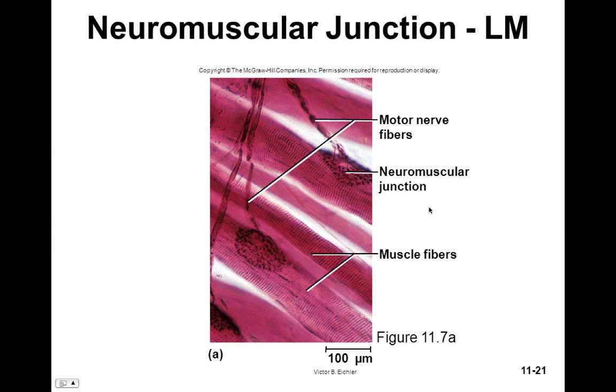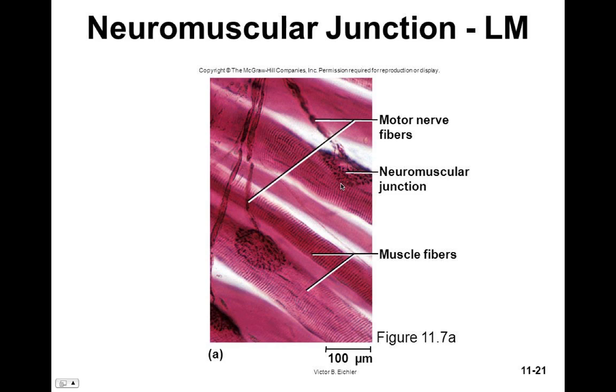So for my class, I don't care if you call this the motor end plate or the neuromuscular junction. Some professors may, especially in physio, have you specify the difference between the neuromuscular junction and the motor end plate. Can you see the motor end plate here?